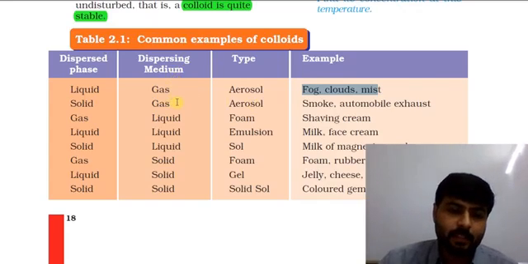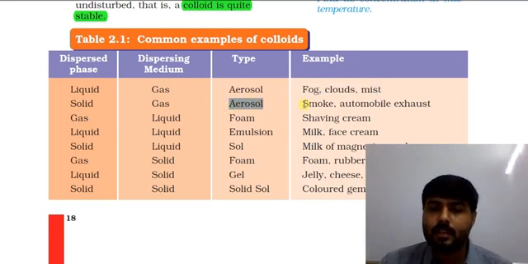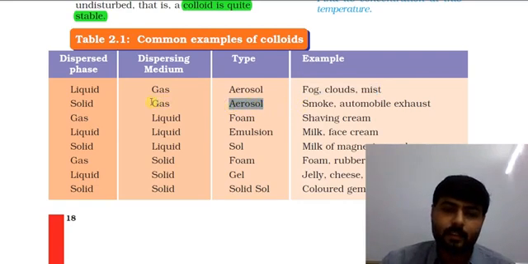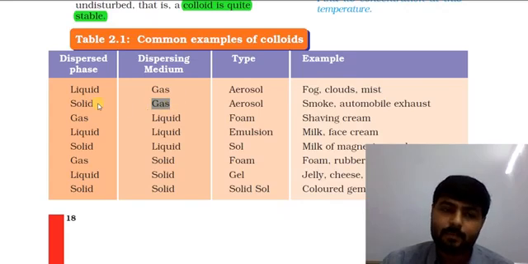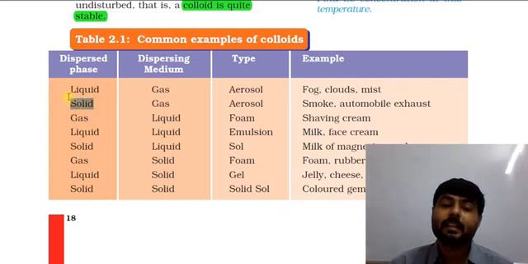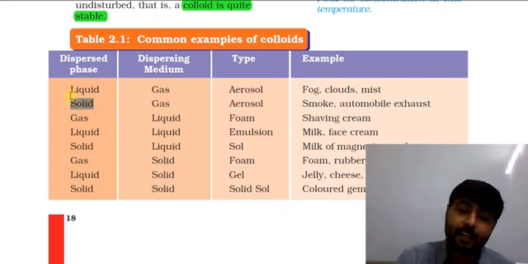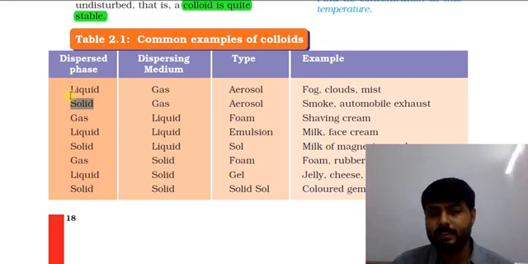So aerosol, in which the dispersed phase is liquid and the dispersing medium is gas, has examples like fog, cloud, mist. We have a second type of aerosol too, with gas as the dispersing medium and solid particles as the dispersed phase.